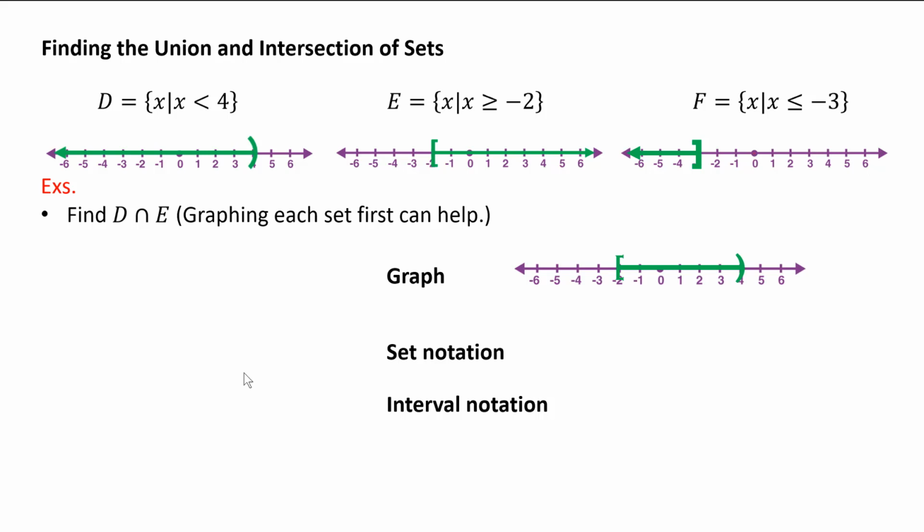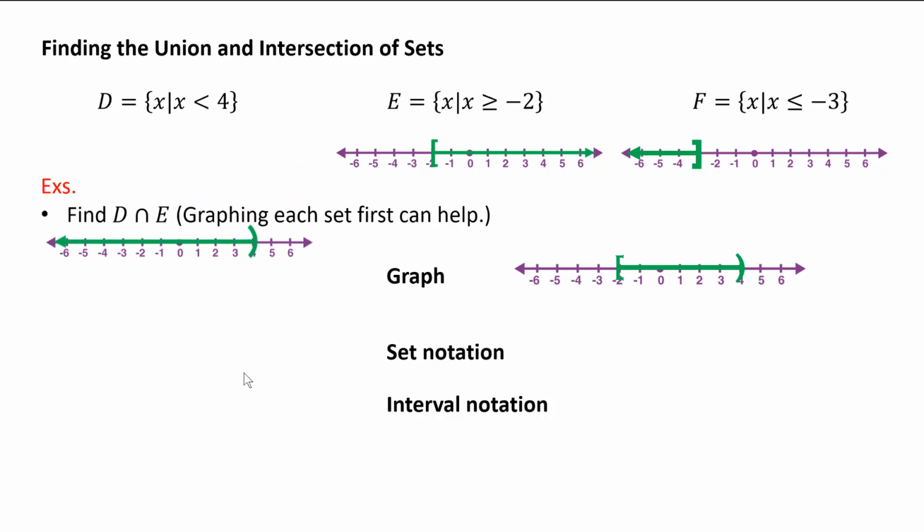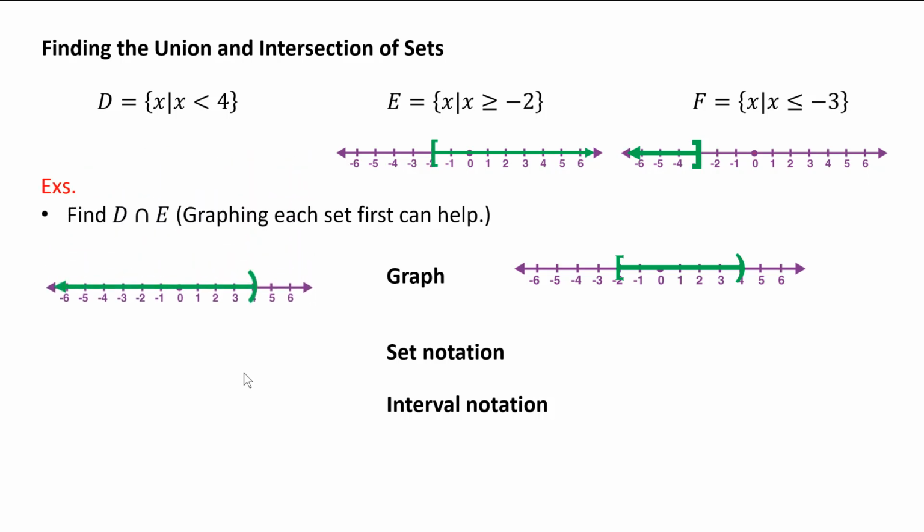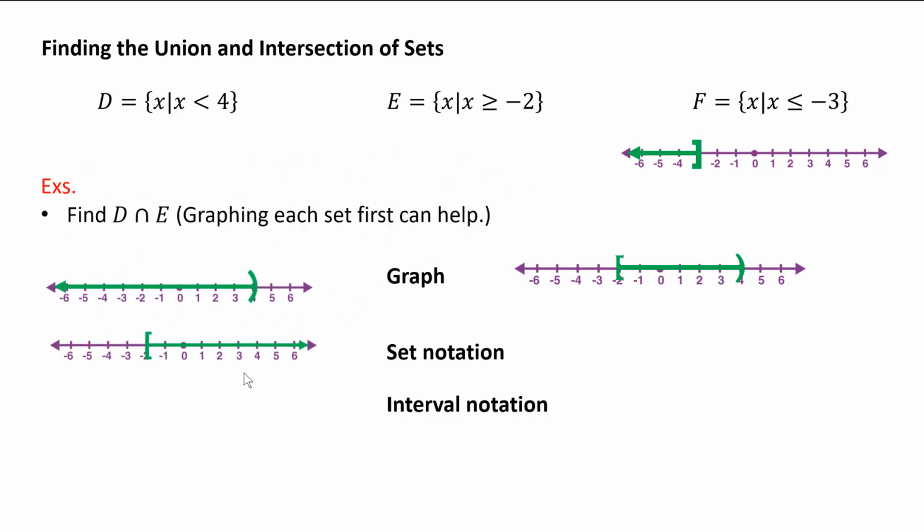Then we want to find D intersect E. So there's D on that number line and E on this number line, and you can kind of see where they have numbers in common. It's from -2 up to 4, but not including the 4.